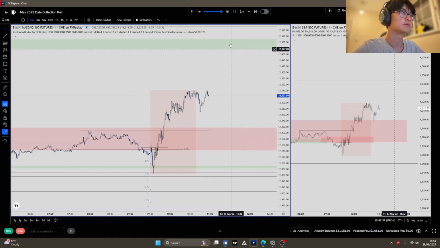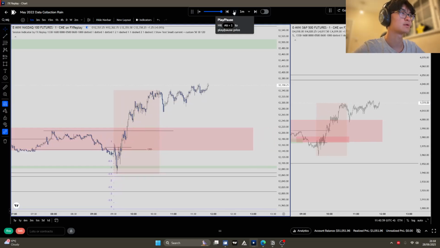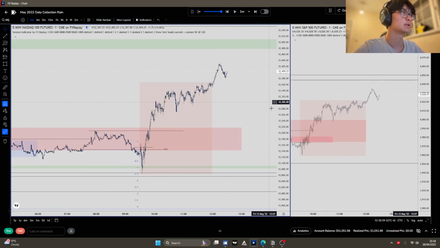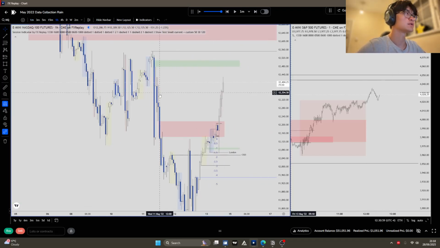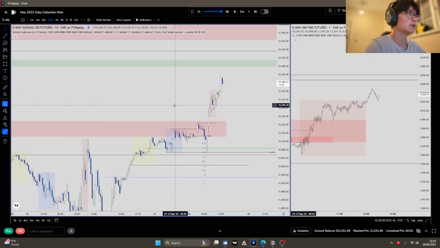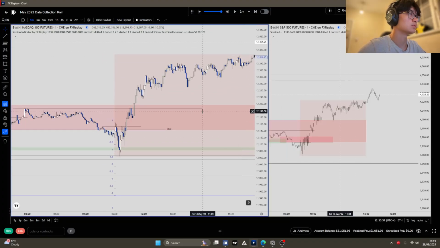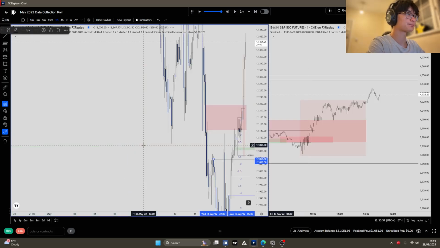Maybe we just go lower from here. Or just consolidate rather. Oh, we actually do come up higher. Crazy. But obviously no real draws for me. So wouldn't take anything there. This was really nice 1-2, really easy.